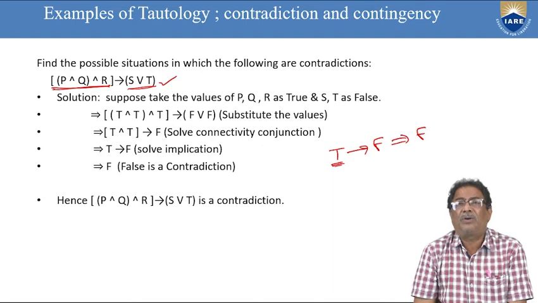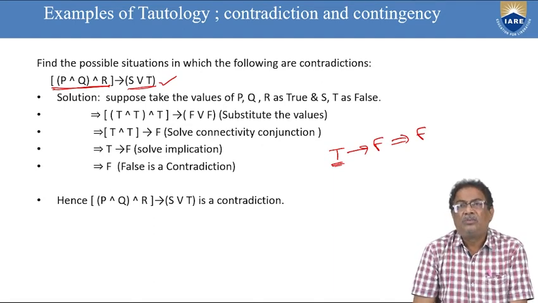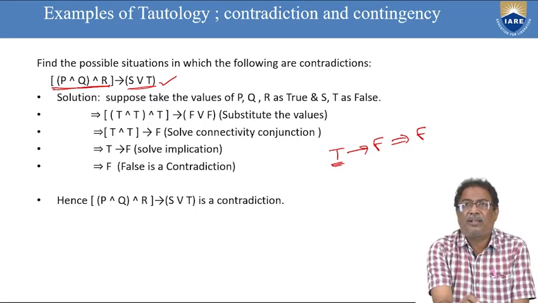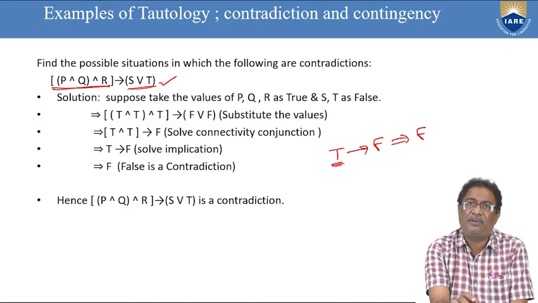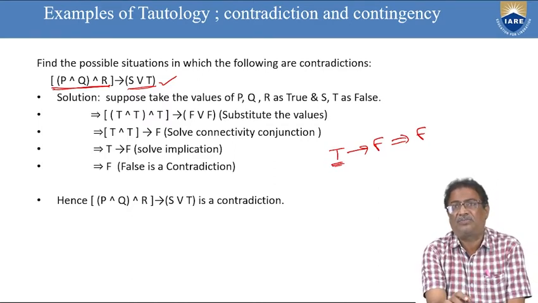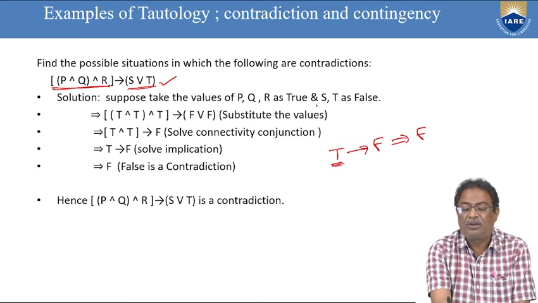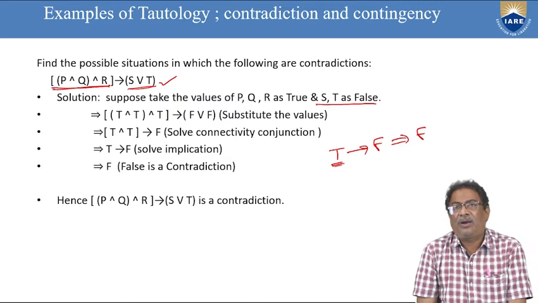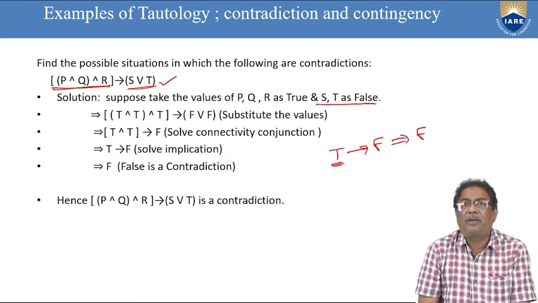In such a way we are going to choose the truth values of P, Q, R, S, T. So the right hand side, S and S or T, should be false. For that, S or T is false whenever S is false as well as T is false. So we consider S, T both false. And now the other one, we have to get true. So for that, when will it become true?